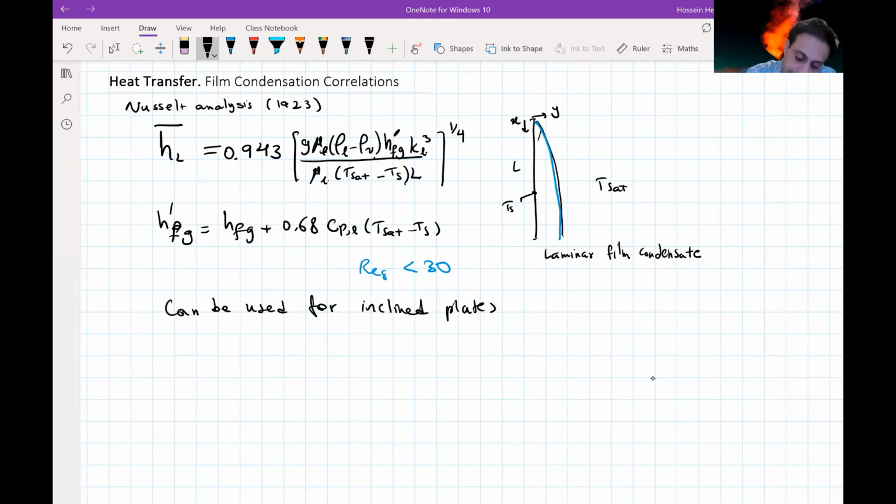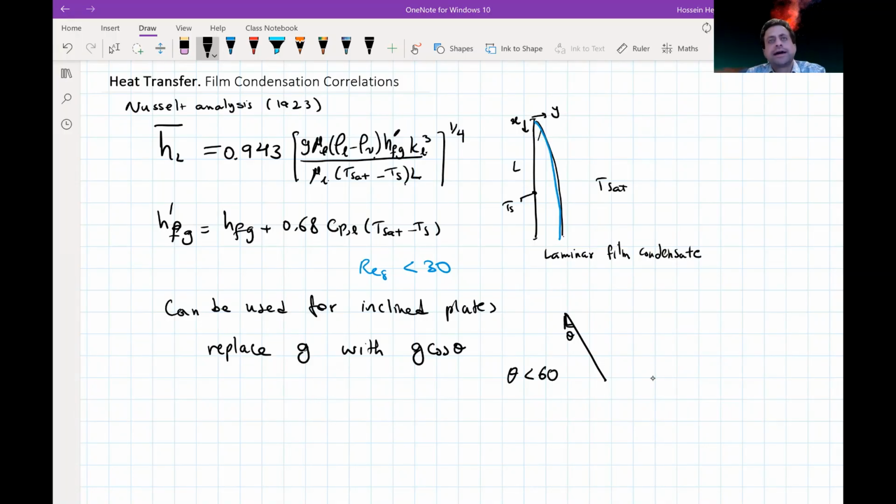The only thing here is, if we have an inclined plate with angle theta, then we replace g with g cosine theta. Of course, this is valid for small theta, generally theta should be less than 60 degrees. It's not valid for large theta, definitely not for theta of 90. This is for the inclined plate.